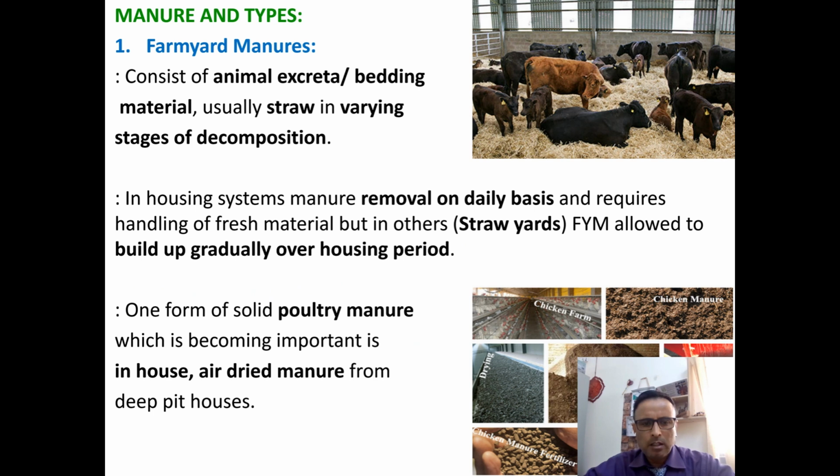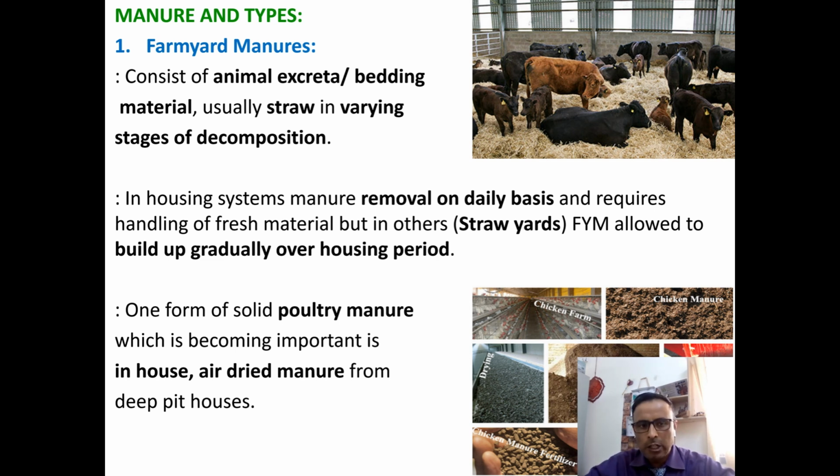So basically, farmyard manure consists of the waste material of livestock, which is called animal excreta. But if you are carefully raising the manure through this method, then you should also have a slight amount of bedding material. Bedding material, usually straw, is added to these manures for long-term storage, right?